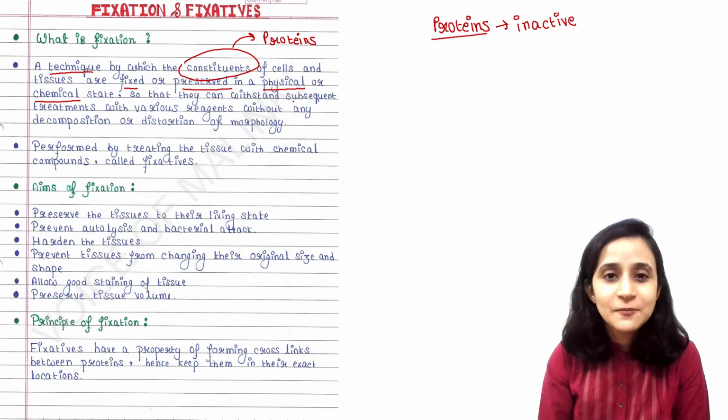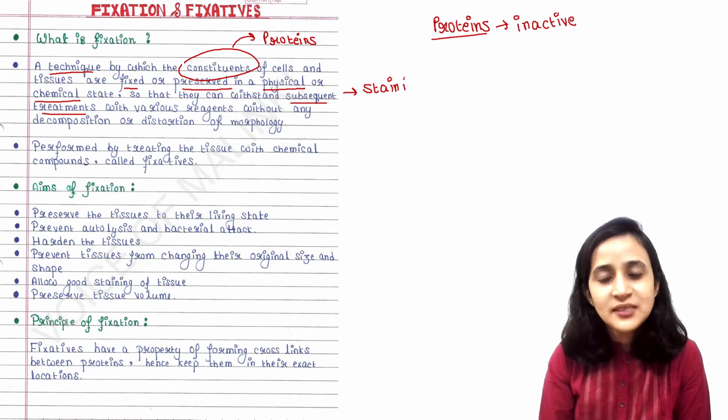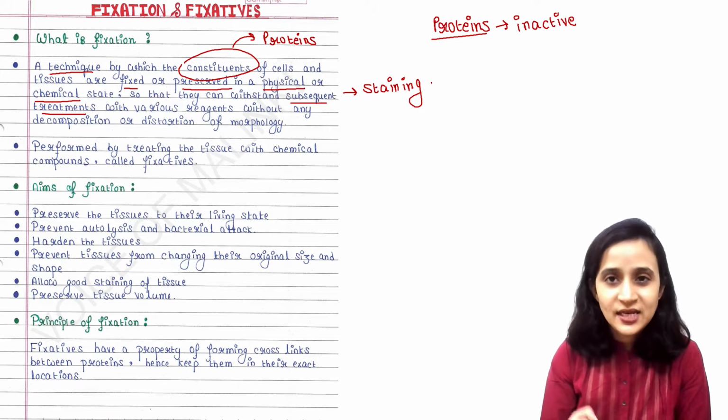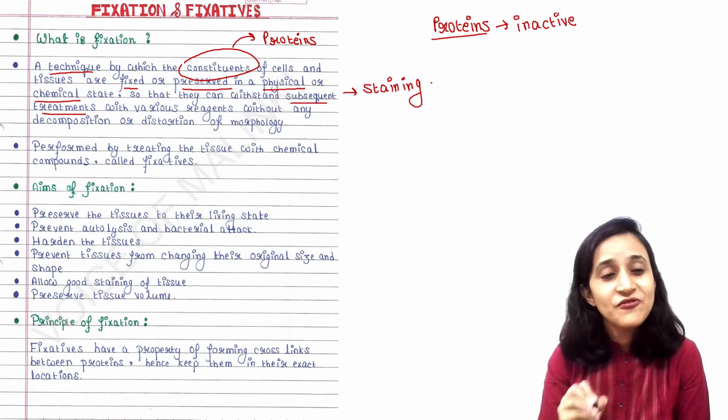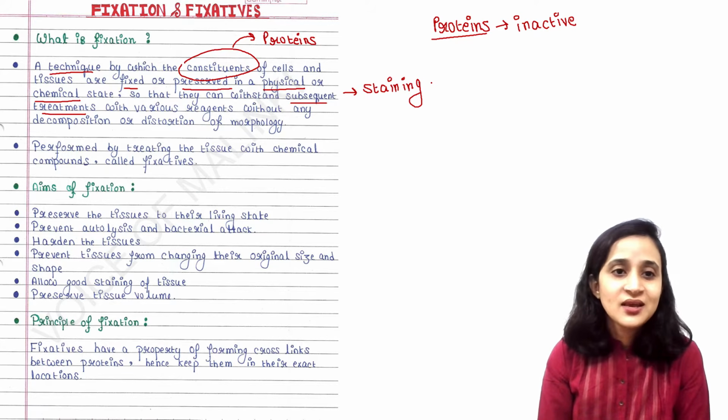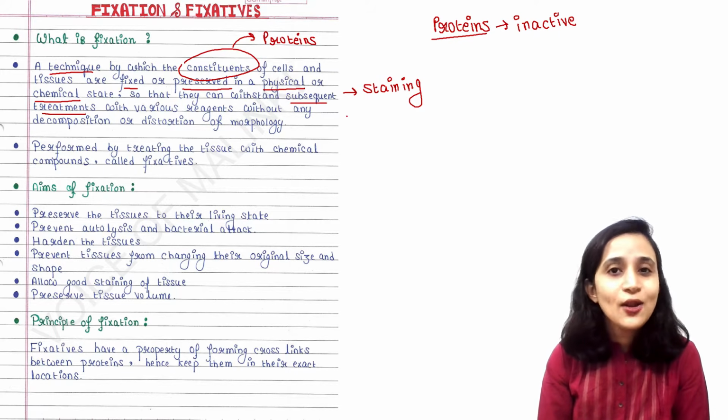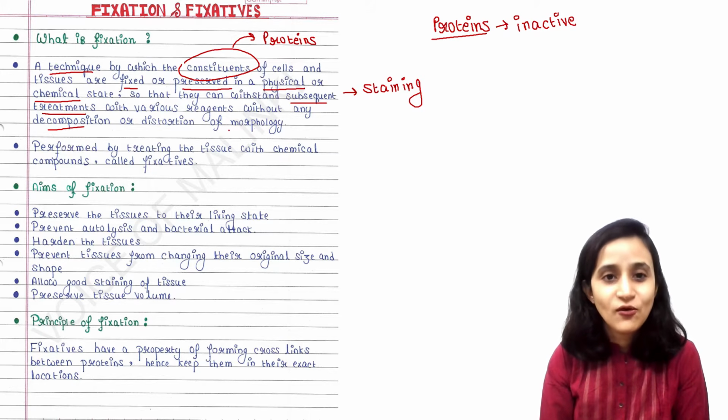So what is the subsequent treatment? Here I have mentioned that the subsequent treatment is the staining. But not only the staining, you can do some other things also, but you need to fix the cell first so that you will not expect any decomposition or distortion of morphology.